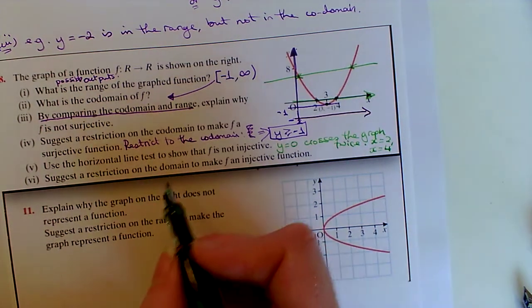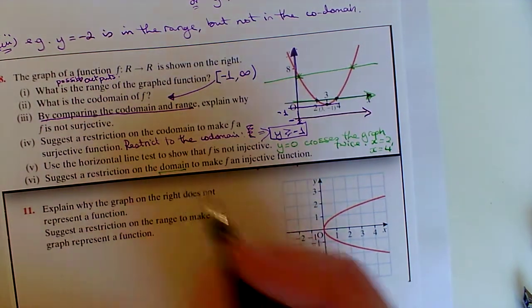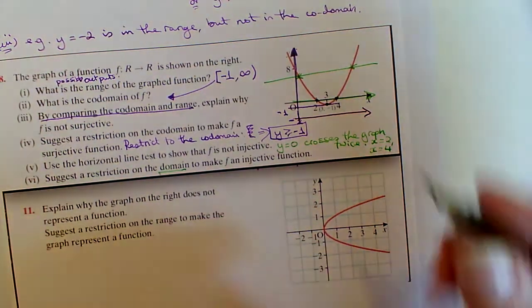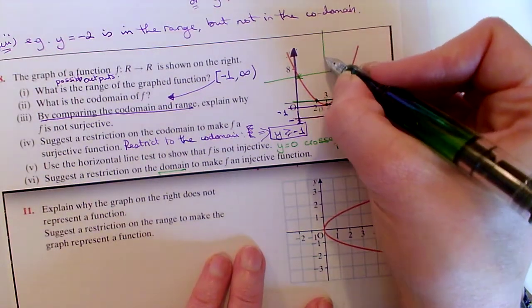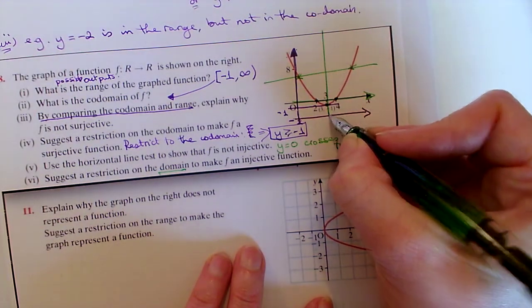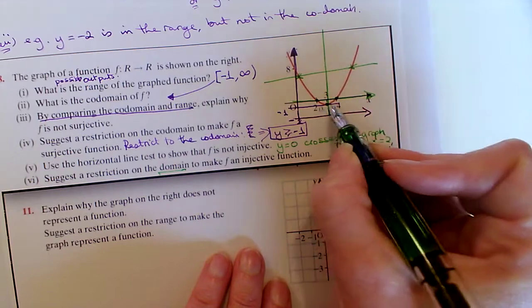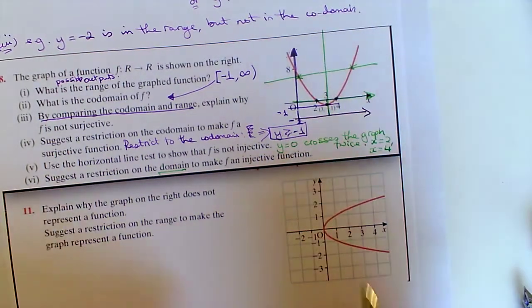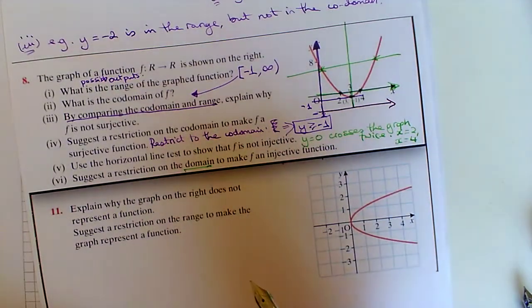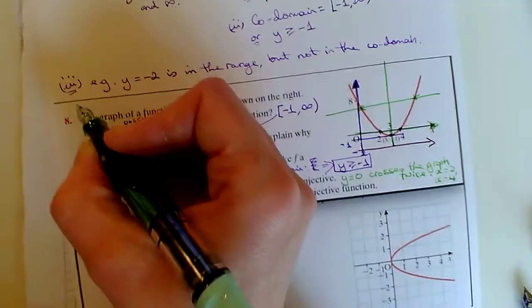Suggest a restriction on the domain, on my x values, to make f an injective function. So if I cut my quadratic in half and I go between 0 and 3.